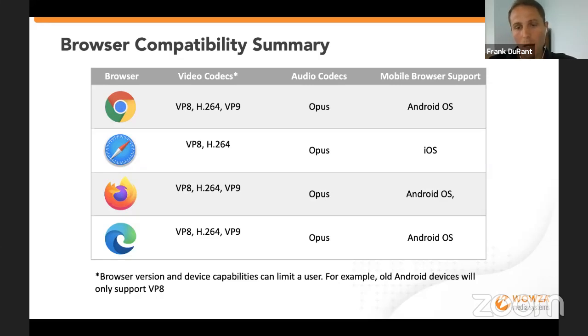In particular, Android devices using Firefox no longer support loading an H.264 plugin, so H.264 will not work everywhere. And to add a couple more important details, VP9, the next generation codec that's commonly supported, is currently not supported in Safari. I believe yesterday, Safari just announced support for VP9. We don't quite know yet whether that means it's going to be supported for WebRTC, but that's something to look forward to.